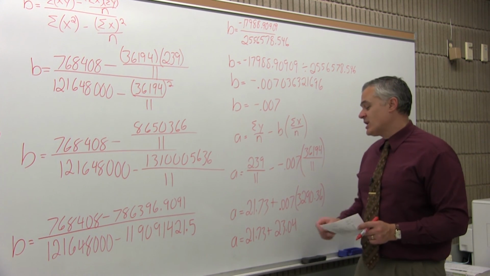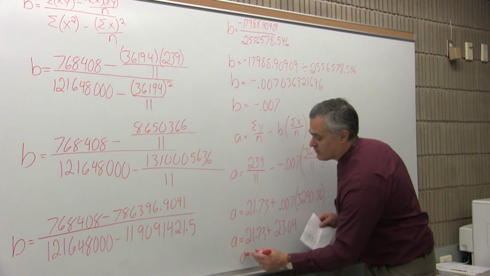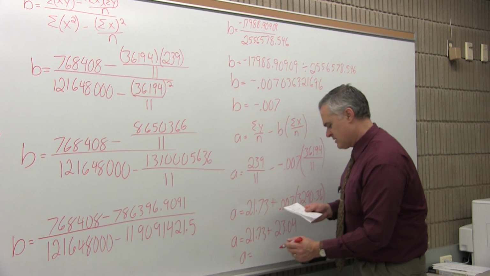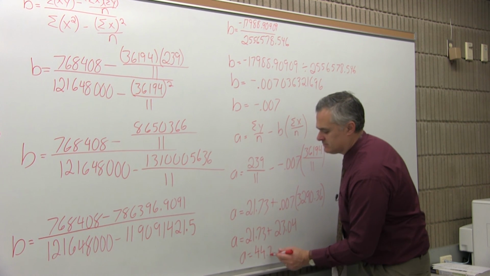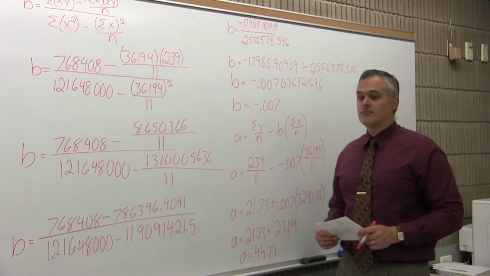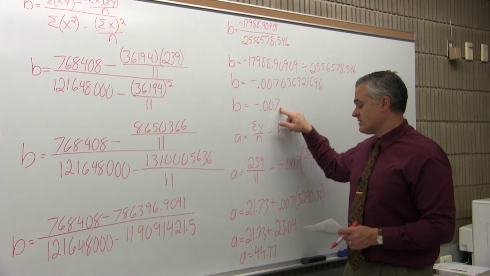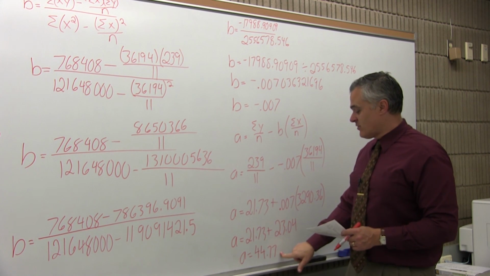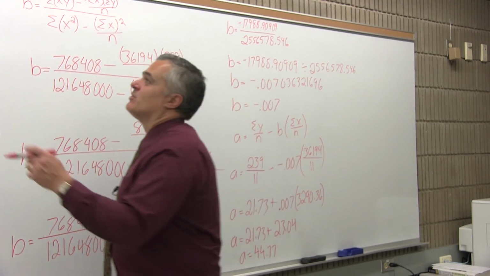And now finally to finish a, if I add 21.73 plus 23.04, the value for a is 44.77. So now I found b, negative 0.007. I found a, 44.77. So let's come back to where I have a little bit of room.